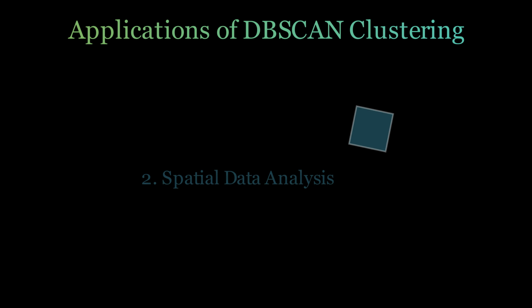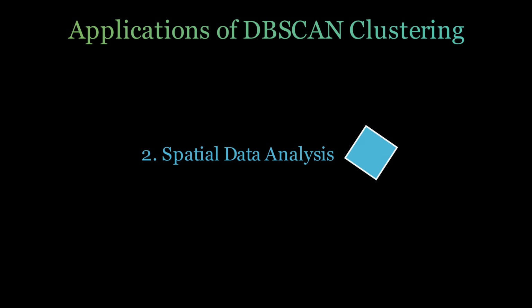Thanks to its ability to find arbitrary shapes and handle noise, DBSCAN is used in various fields. Its explicit noise identification makes it excellent for anomaly detection, finding unusual patterns in financial transactions, network traffic, or sensor readings. In geography and urban planning, DBSCAN helps identify dense residential areas, points of interest clusters on maps, or seismic activity zones.